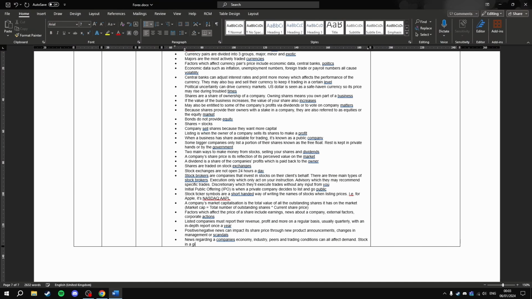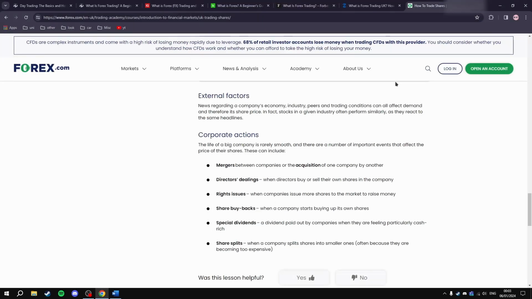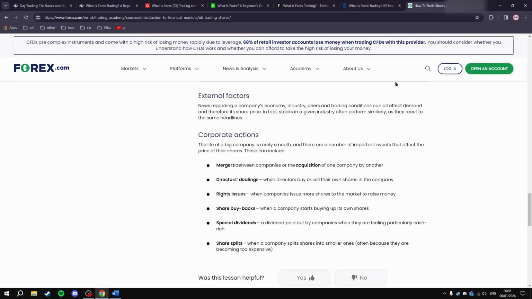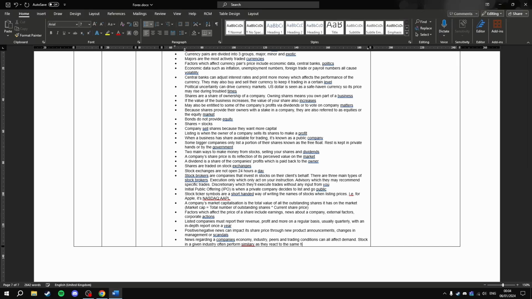Stocks in a given industry often perform similarly as they react to the same headlines.